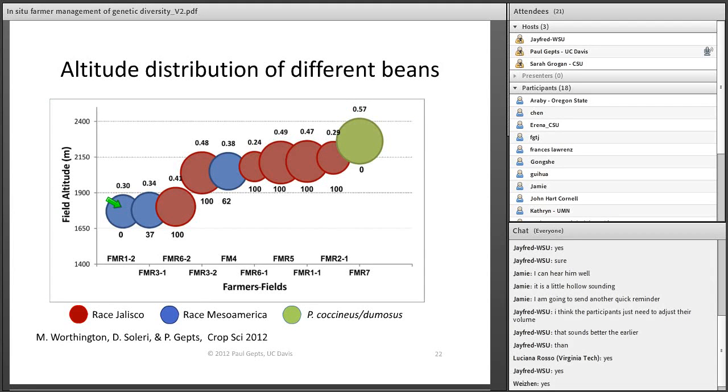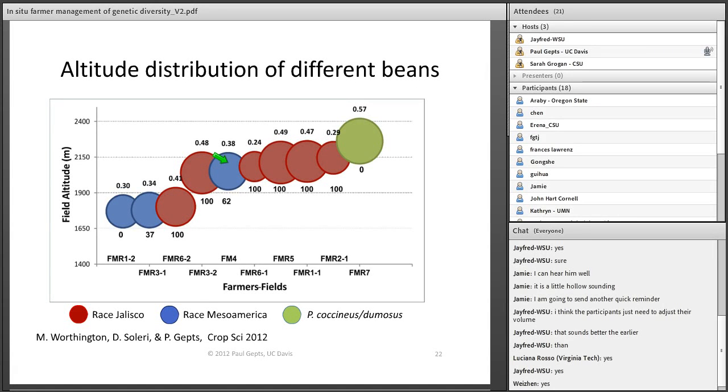Well, you can look at it morphologically, but also molecularly. Margaret ran a fairly small number of microsatellites, about 10, and was able to distinguish many of the materials this way. And she ran what is called a structure analysis. You're certainly familiar with that.